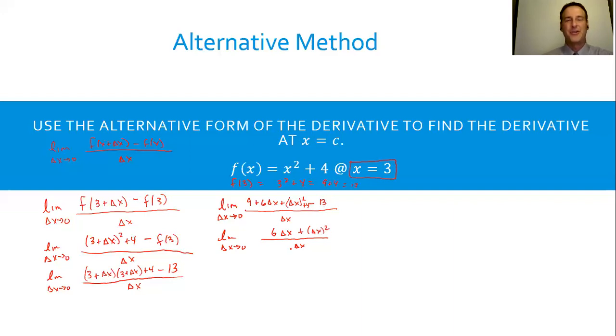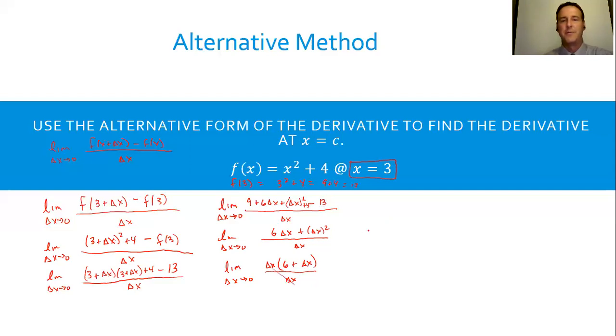And I shared earlier that this delta x has the potential of canceling out with items in the top, provided that we factor well. And here's my delta x on the bottom, and on the top, I have a delta x as well. And that's 6 plus delta x. And these will go away.